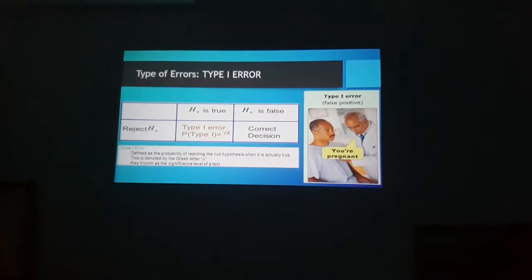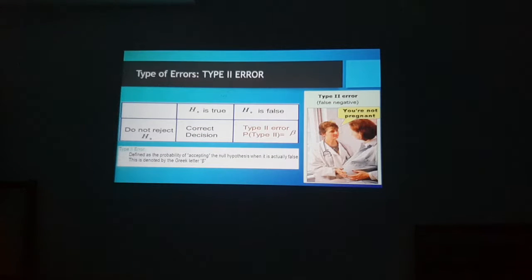For a 95% confidence level, the value of alpha is 0.05. This means that there's a 5% probability that we will reject a true null hypothesis. In the long run, 1 out of every 20 hypothesis tests that we perform at this level will result in a type 1 error.